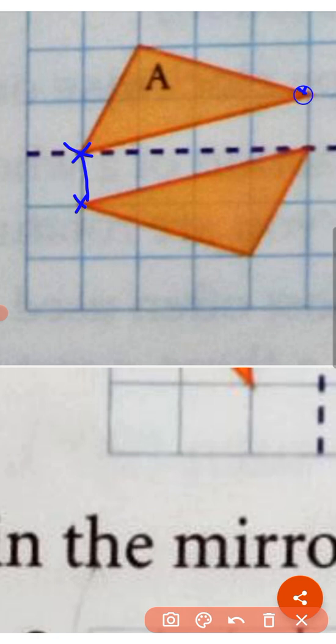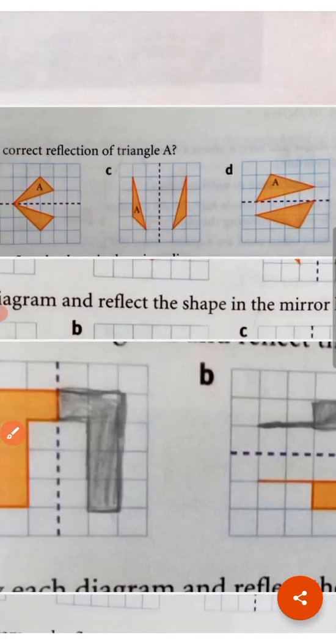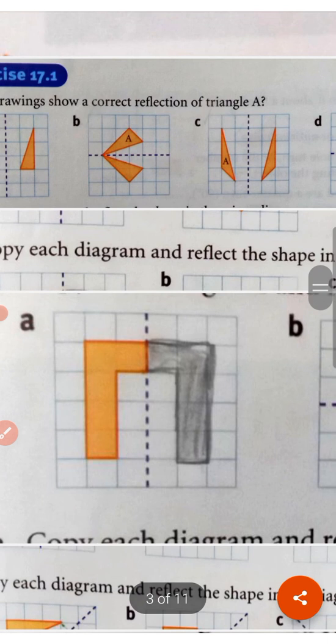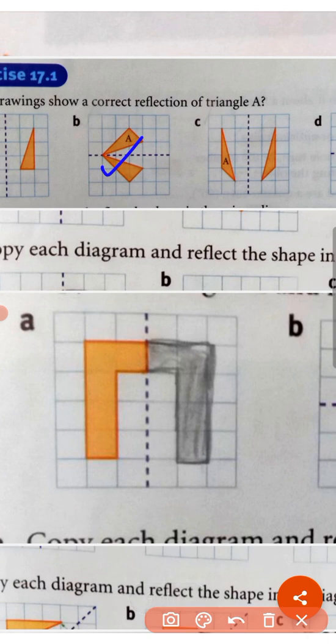This point is 1 unit from the image, but this point is on the mirror line. So it is not the reflected image. So children, figure B and C are the correct reflection of triangle A.